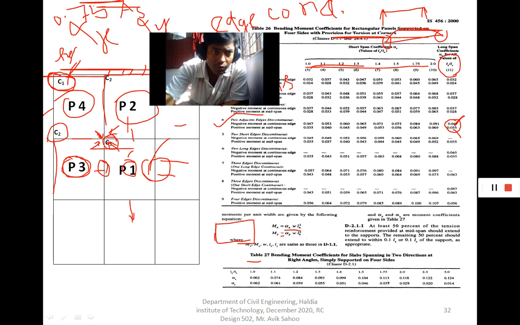So these torsional forces are balanced each other. That's why as per code there is no need of torsional reinforcement in corner 3, whereas in C2 you see that 50%. Why 50%? Because this component and this component are balanced. So that's why only for one component you have to apply the torsional reinforcement.